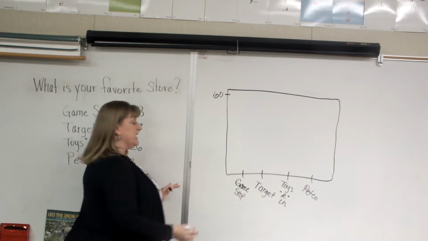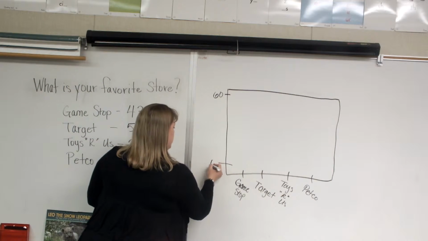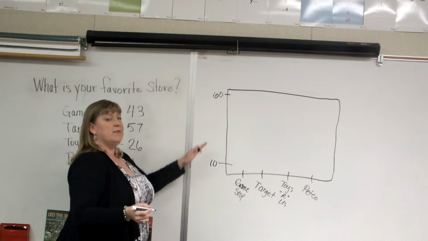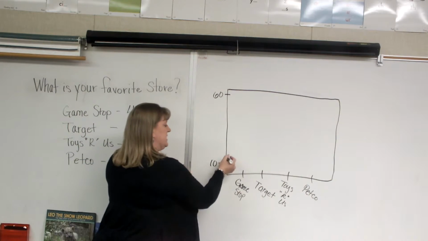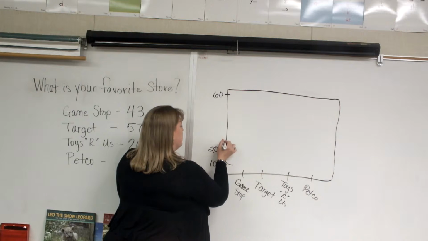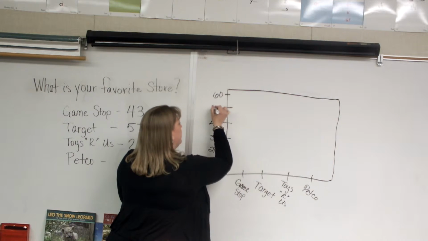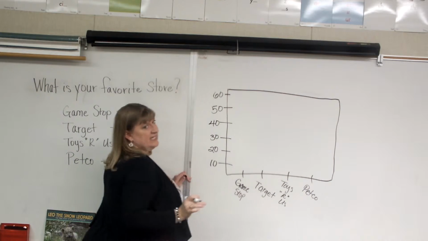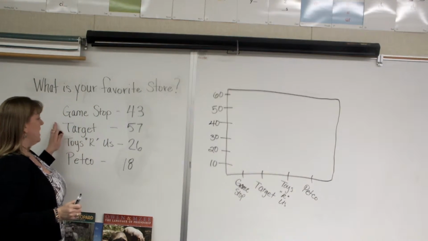So we need to start out at the bottom with, I would say, 10. We want it lower than 18. So to simplify, let's do it in increments of 10 all the way to 60. So we've got 10, 20, 30, 40, 50, and then 60.